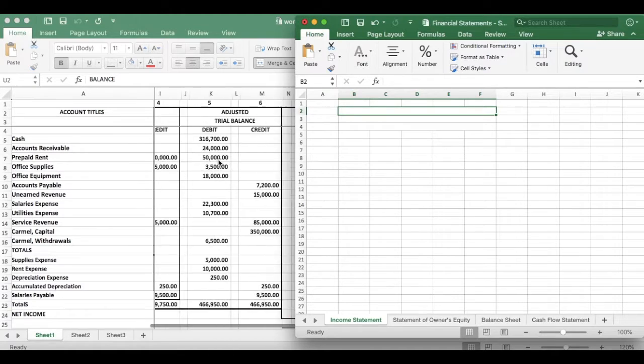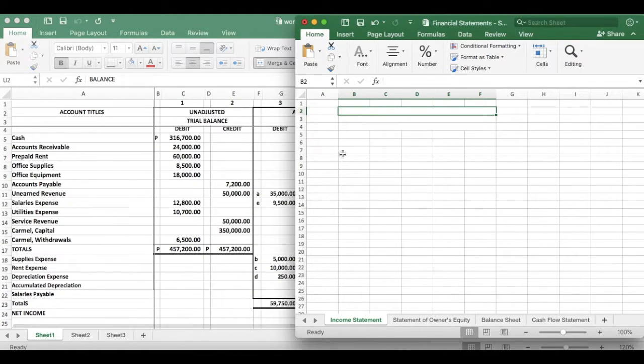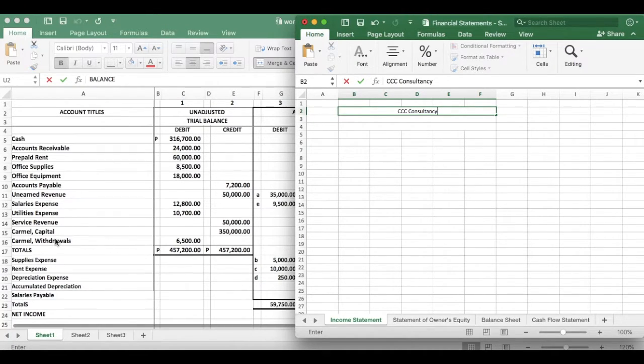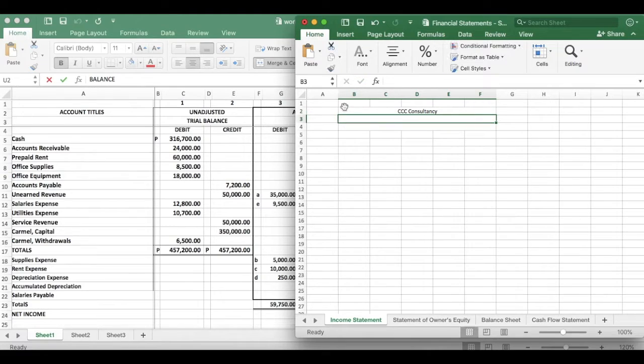I forgot. For this problem, let's say CCC Consultancy. I think this is for the CC company, right? Or Carmel Co. And then the name of the document, so let's say income statement.